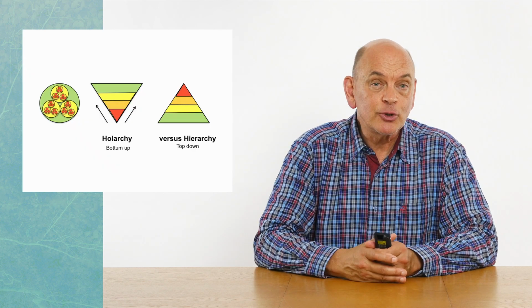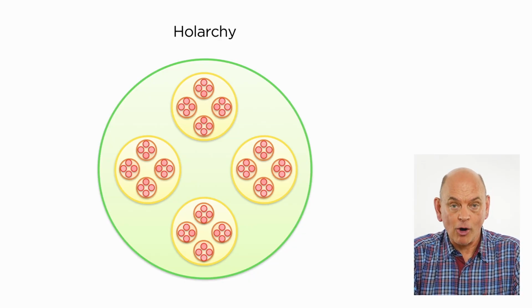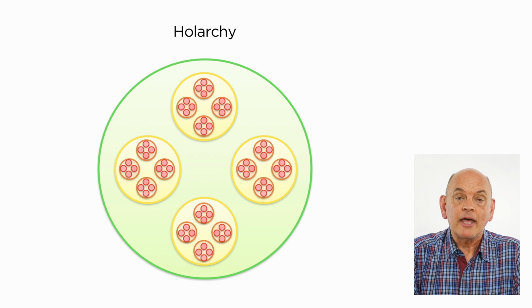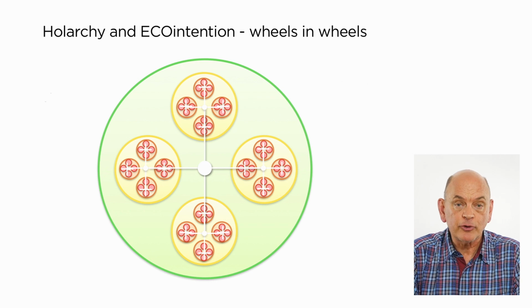Now let's get back to ECOintention. So here you have a holarchy. It doesn't matter how many wheels are inside, it can be 4 or 5, I choose 4, but it's easier to connect it with the wheel in ECOintention.